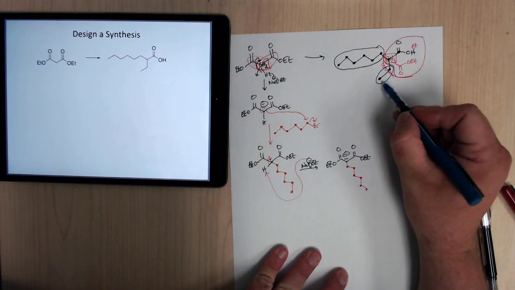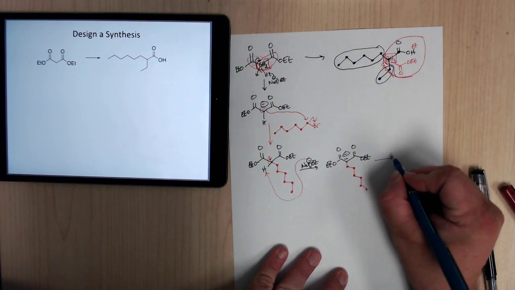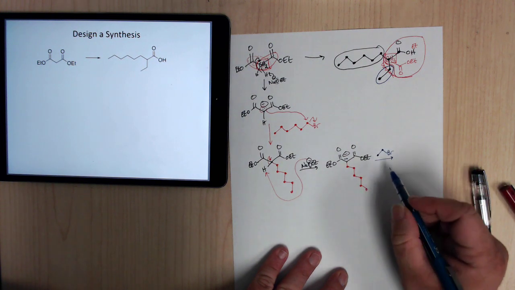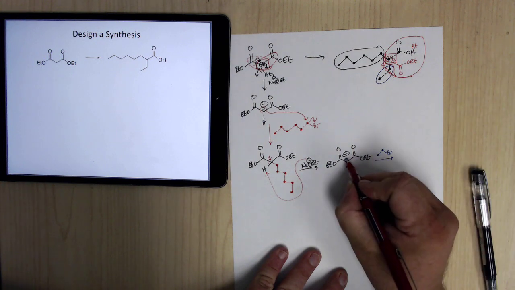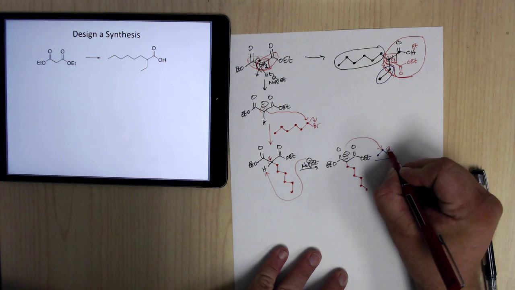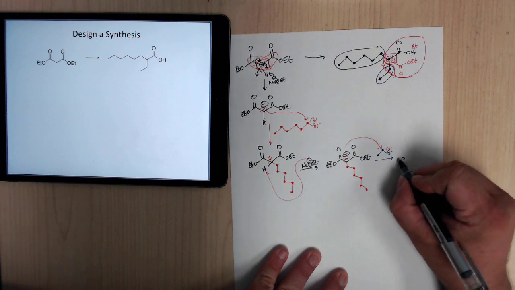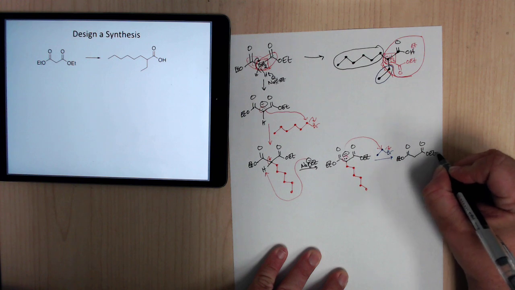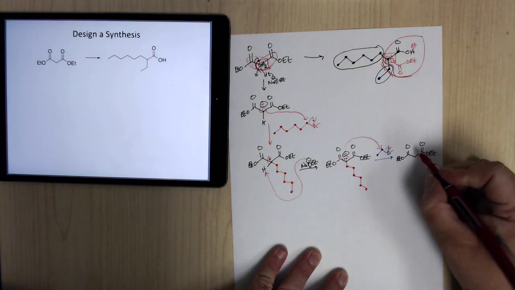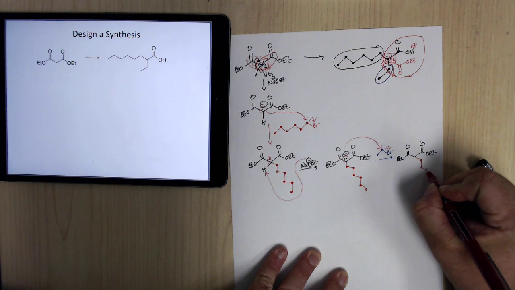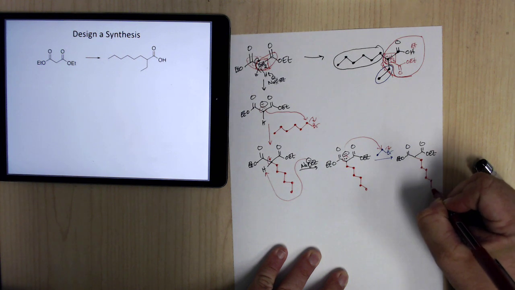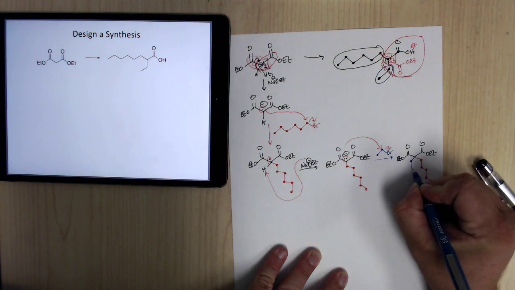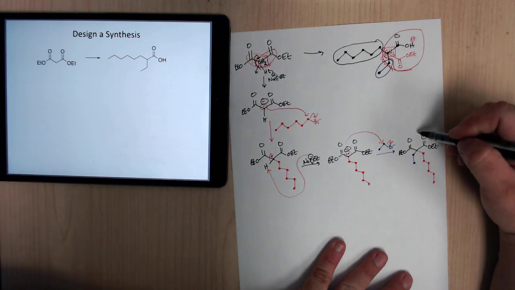Then we need to add this 2-carbon piece there. It's going to attack there, kick that away, and so now we're going to end up with this. 1, 2, 3, 4, 5, 6, and then 1, 2.